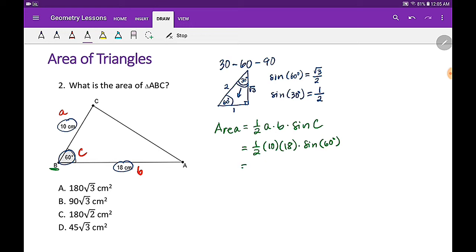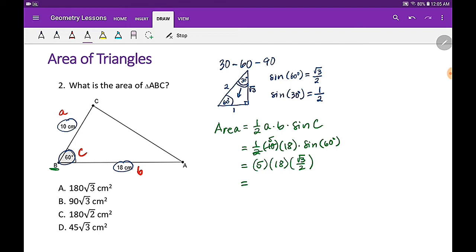If you use your calculator right away, which is what you always do, you will not see square roots. Let's simplify a little bit. 1/2 of 10 is 5, so it's 5 times 18 times sine 60 degrees, which we already know is square root of 3 over 2.